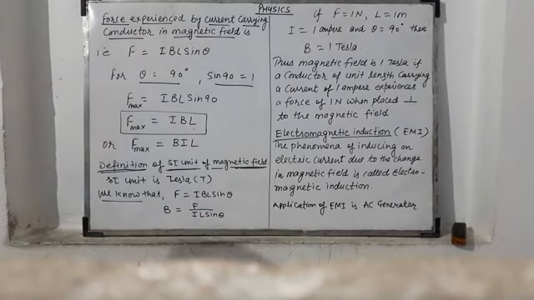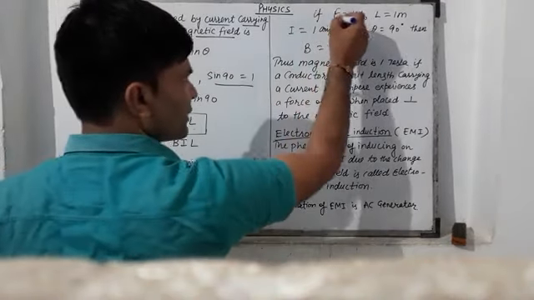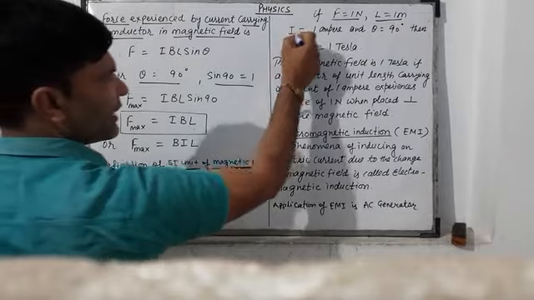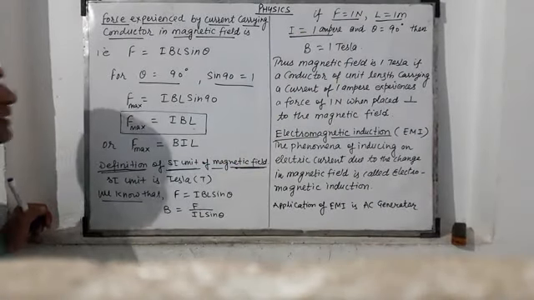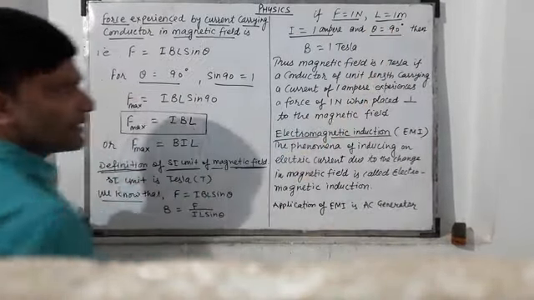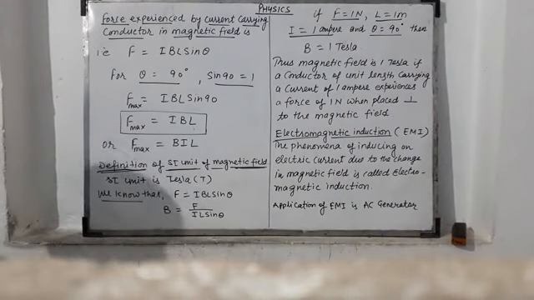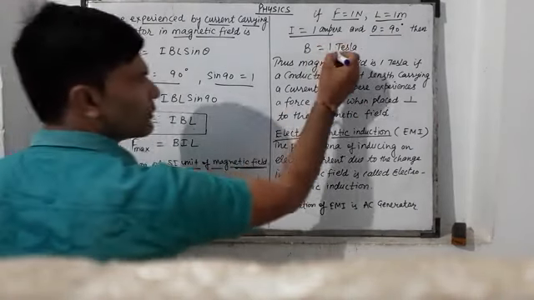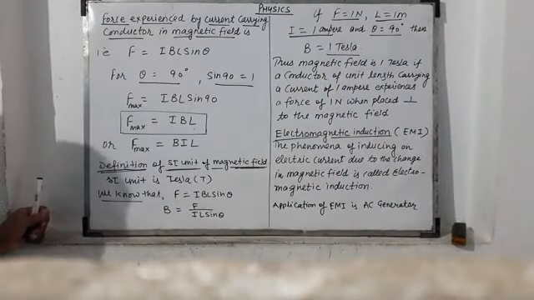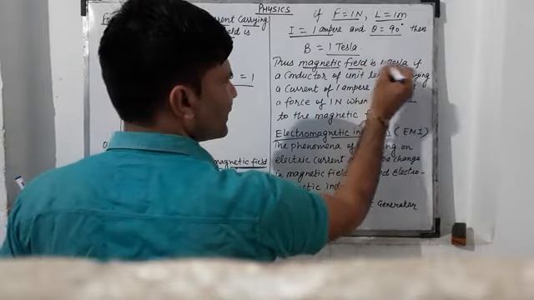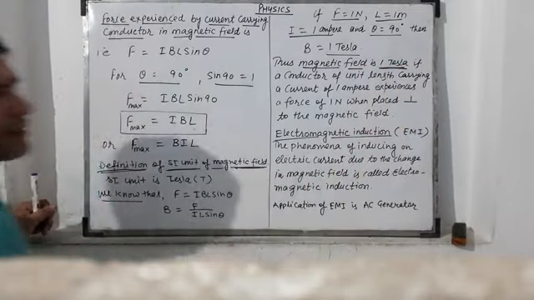If we put F equal to 1 Newton, L equal to 1 meter, I equal to 1 ampere, and theta equal to 90 degrees in this formula, then we get B equal to 1 Tesla.